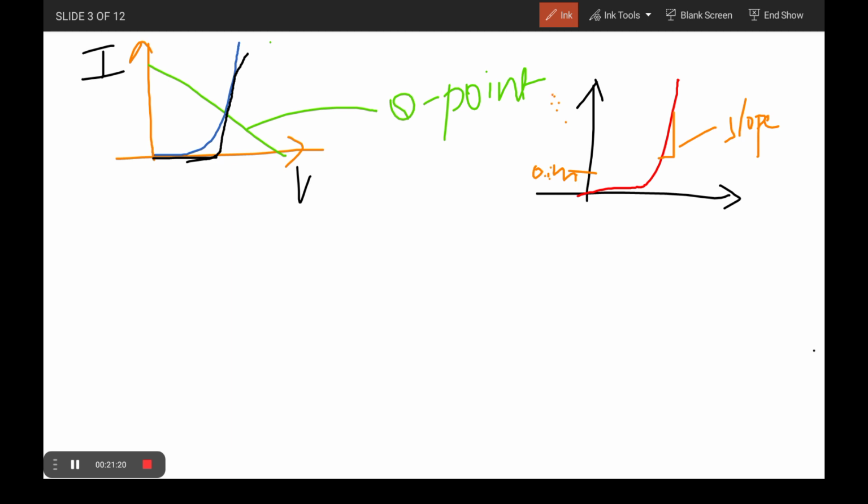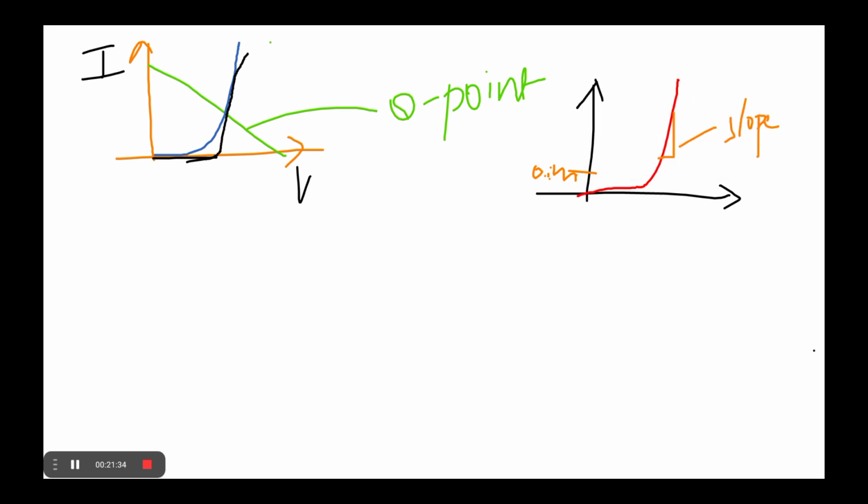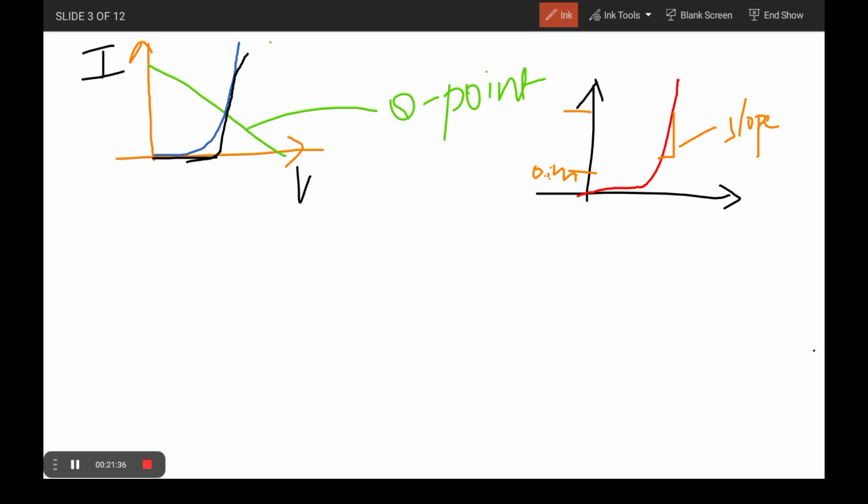Whatever current you have in the case of the normal or actual diode, as well as the tangent current, the difference is only 50 milliamps.